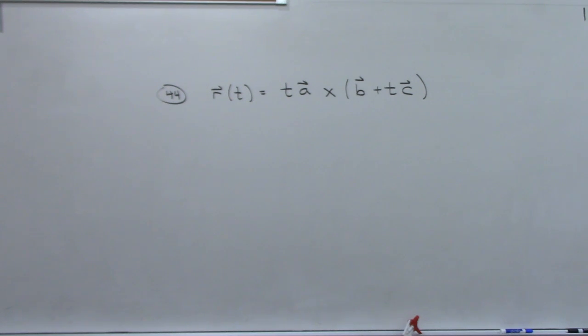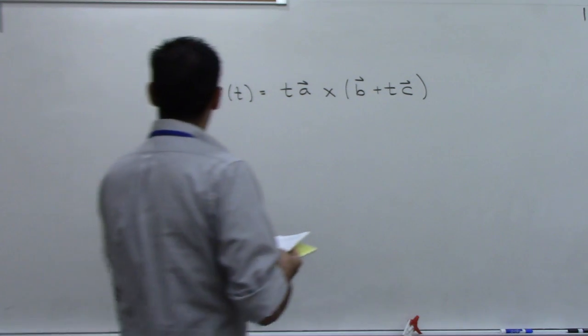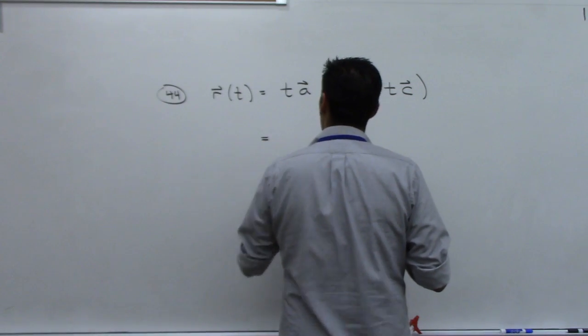But we know it's a vector, right? So all we're using is properties of cross products here. So before I do anything, I'm just going to simplify what this is.